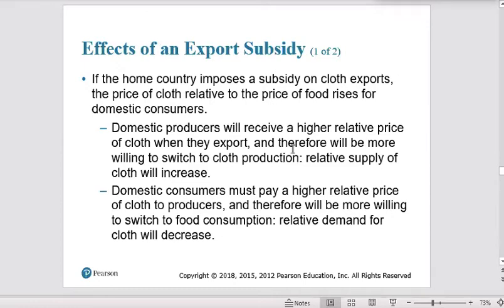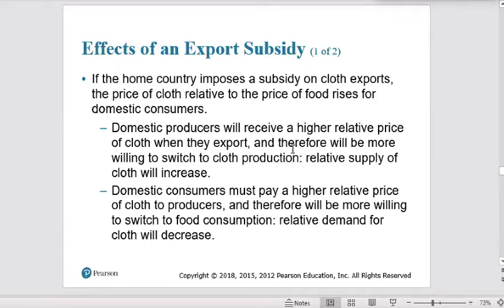Let's talk about this. If you are an exporter of clothes, you are making clothes in China, and you sell clothes to the rest of the world, all right? One day, the government comes to you and tells you that for every single piece of clothes you sell to the world market, I will give you $2 subsidy, okay? So you will be looking at the price.